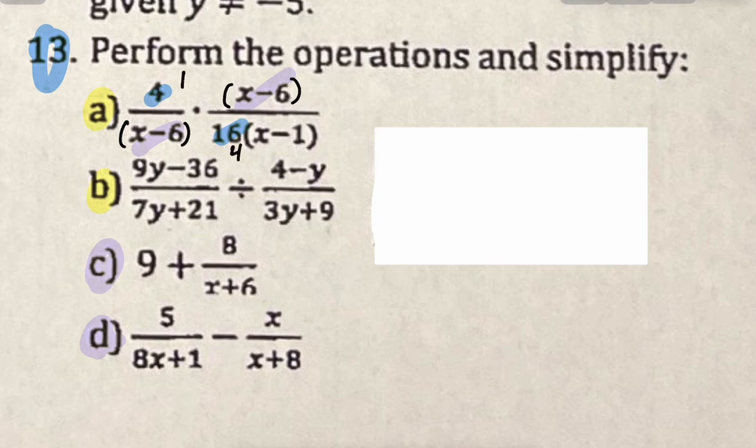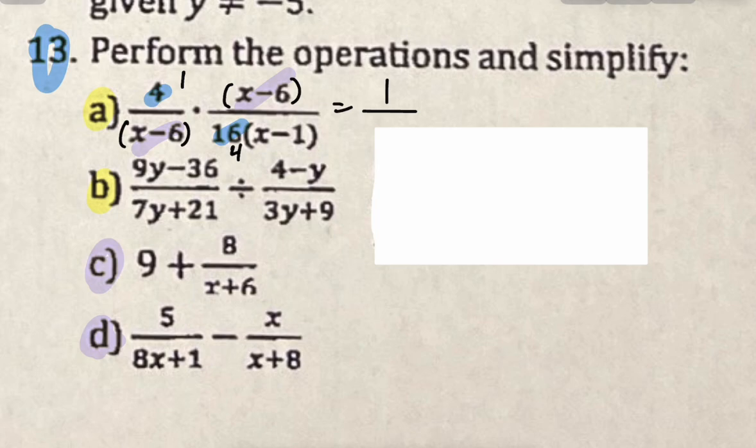Now you can multiply then simplify, but I suggest simplify and then multiply. Now remember, to multiply fractions, just multiply tops with tops and bottoms with bottoms. The only thing left on top, because we've canceled out the 4 and the x minus 6, is a 1. So sometimes I like to just make sure I have a 1 written somewhere to remind me, hey, there's still going to be a 1 there.